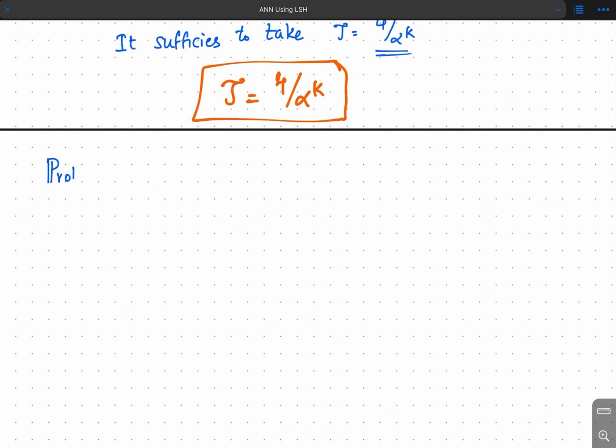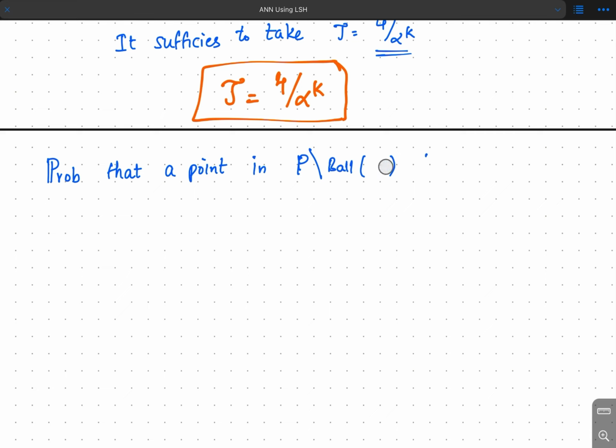So the probability that a point in the set P minus the ball of Q comma R. This is the case when P and Q are very far from each other.